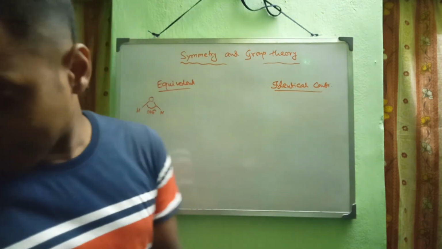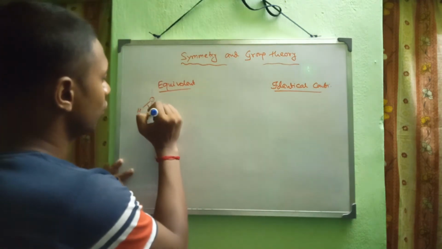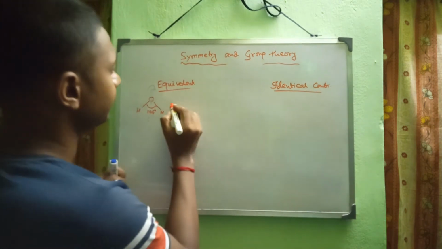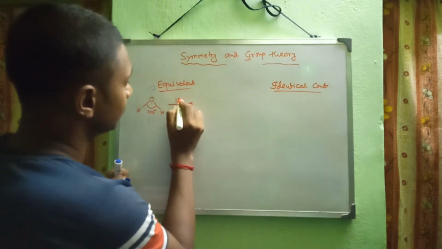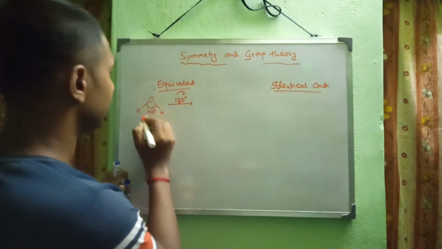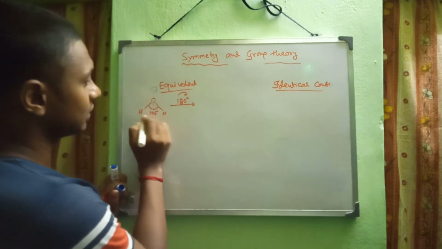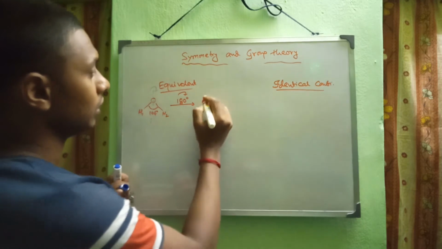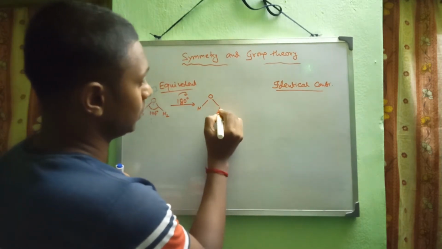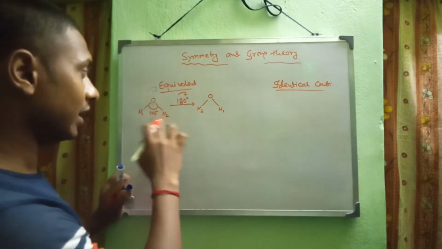If we pass an imaginary line through this oxygen atom and rotate the molecule by about 180 degrees clockwise, and if we label the two hydrogens as H1 and H2, then after rotation we get H2 H1, and the positions of H1 and H2 are interchanged.